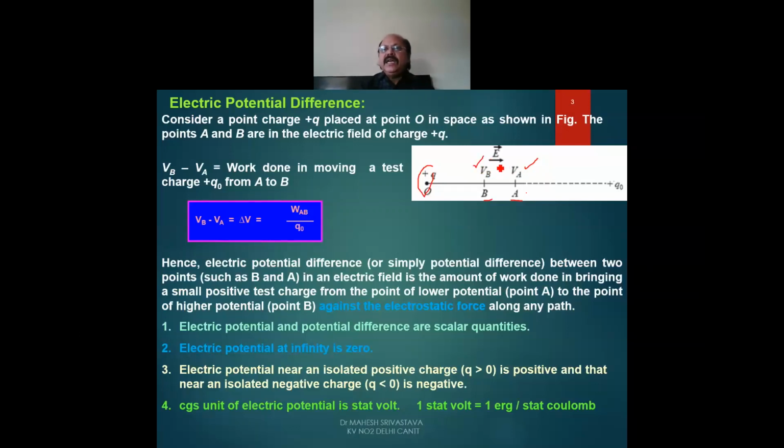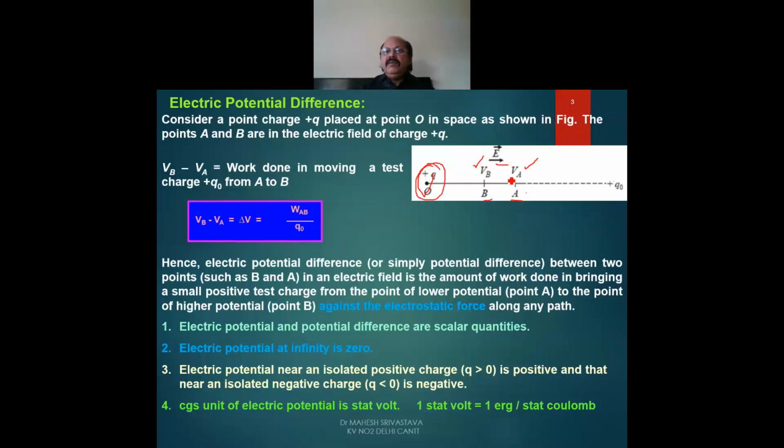And E is the direction of electric field which is produced by this point charge, which is radially outward. So whatever the work we are doing, that we are doing against the electrostatic force of this plus Q charge.